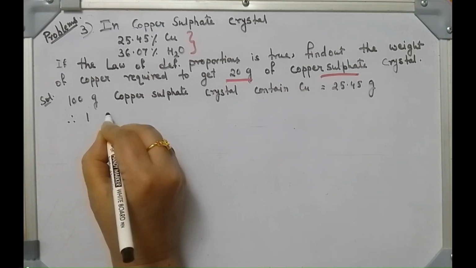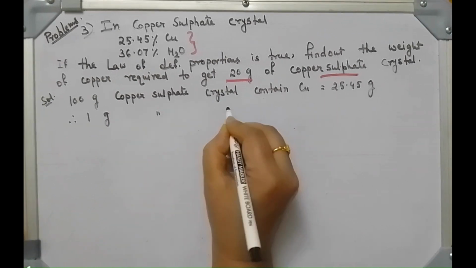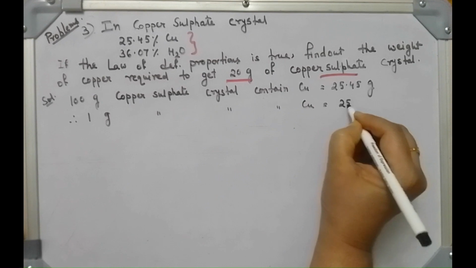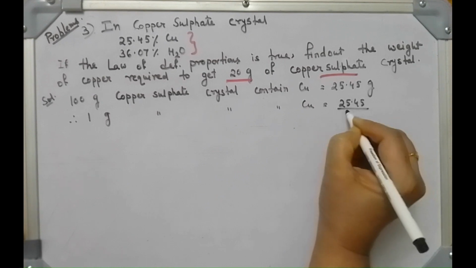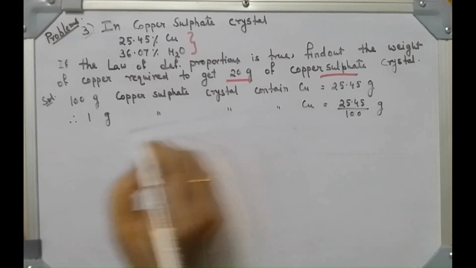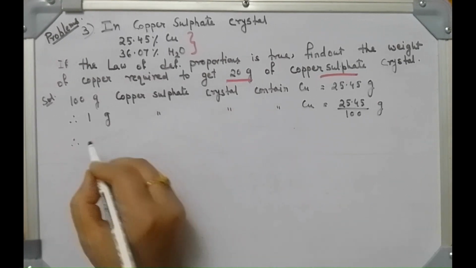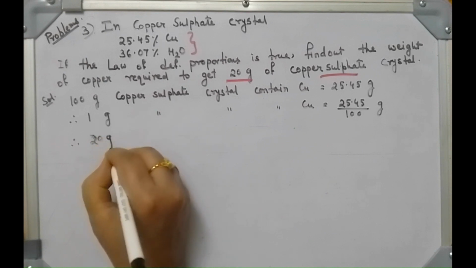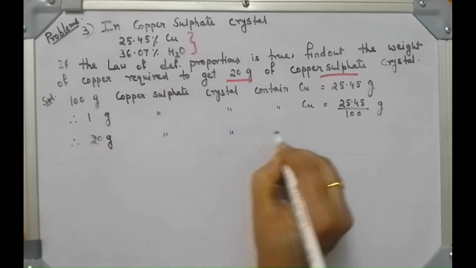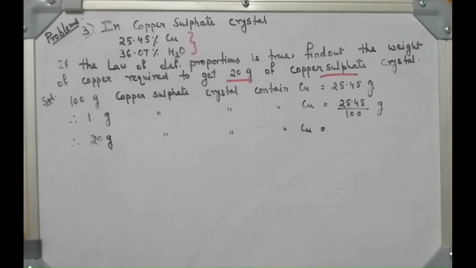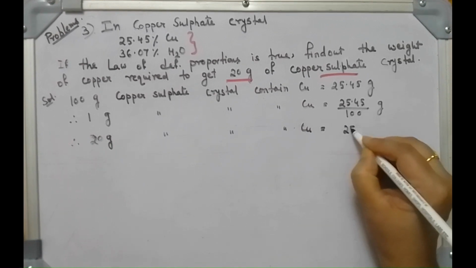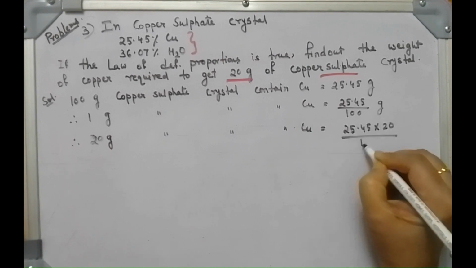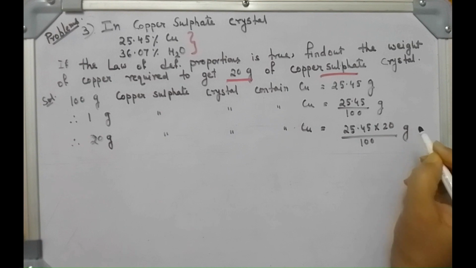Therefore, by the unitary method, 1 gram copper sulfate crystal contains this much grams of copper. Therefore, 20 grams of copper sulfate crystal contain copper 25.45 multiplied by 20 divided by 100, this much grams.